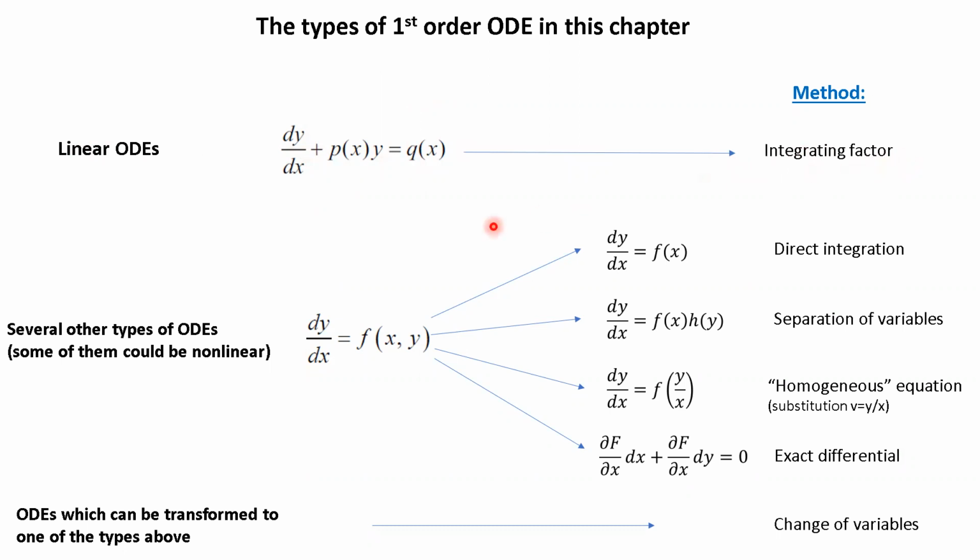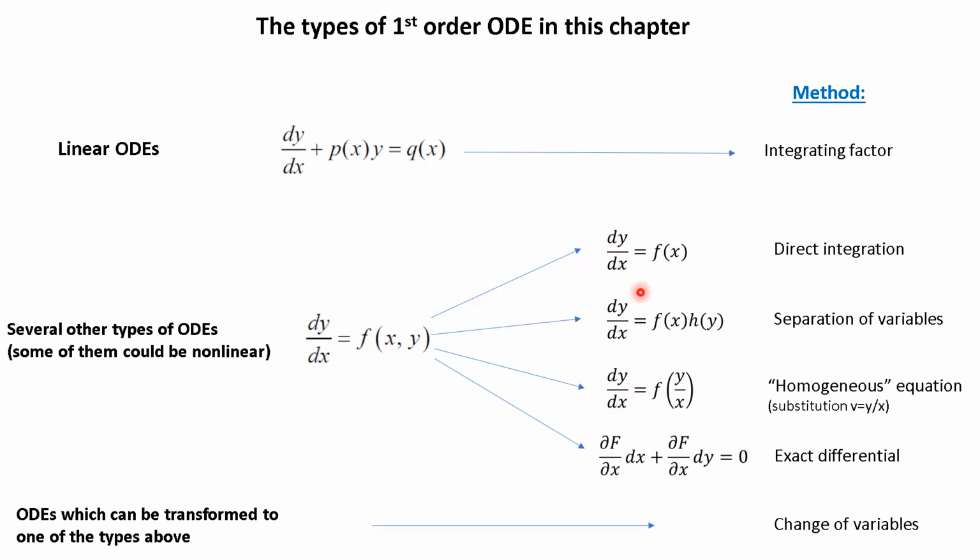In addition to this one, I will also consider several other types of first order ODE. Some of these types can be nonlinear, but they look like one of these four forms.